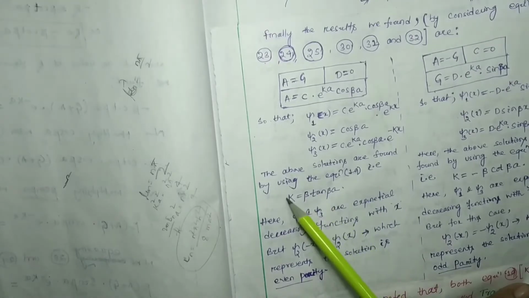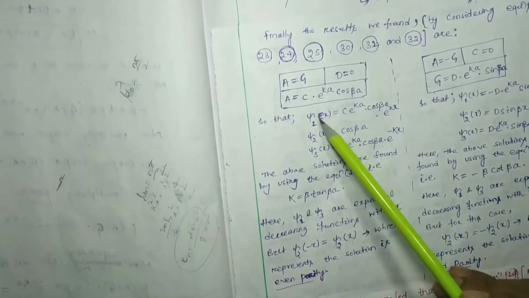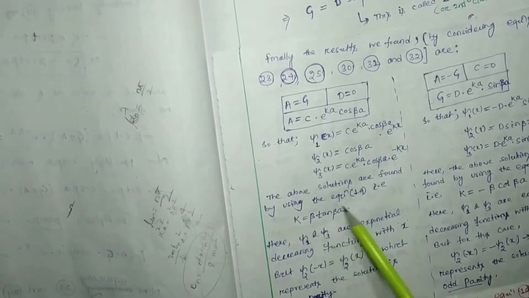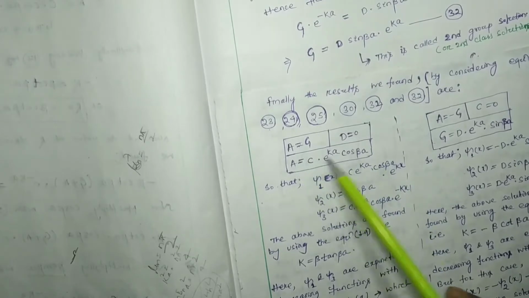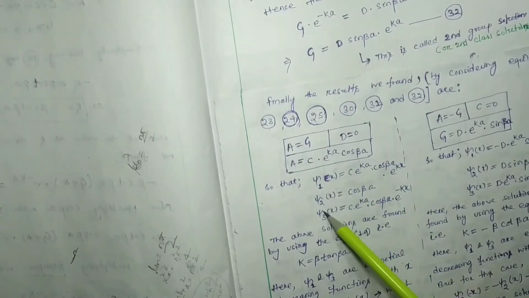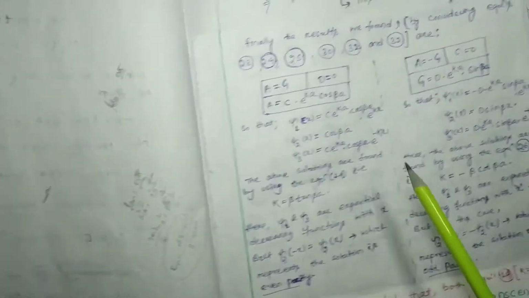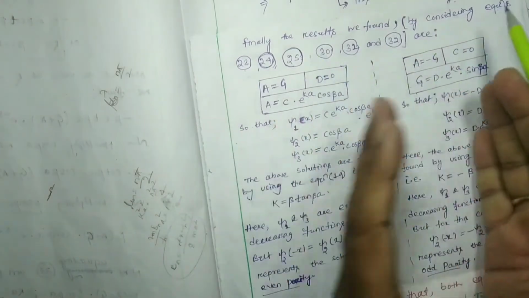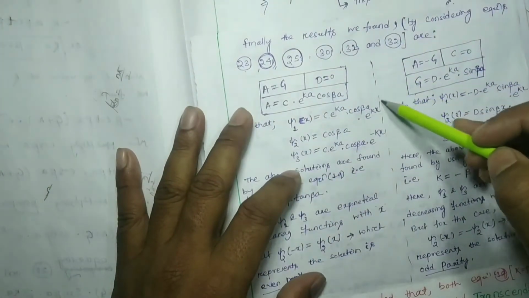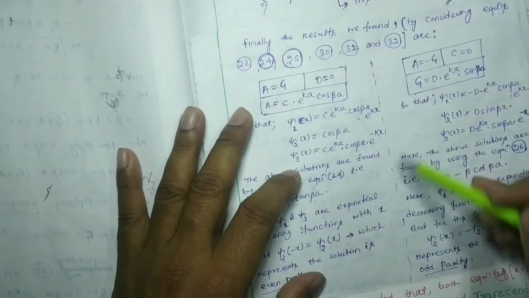By considering this we got A equal to G, D equal to 0, A equal to this much. So psi 1, psi 2, psi 3 we found by considering k equal to beta tan beta a. Similarly, I separately discussed this one and this one, so I drew a line here.